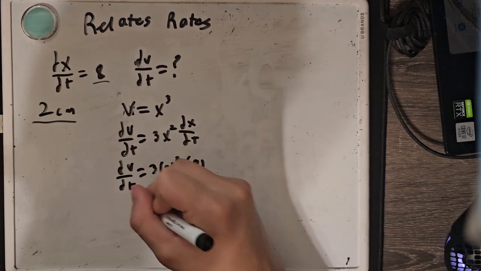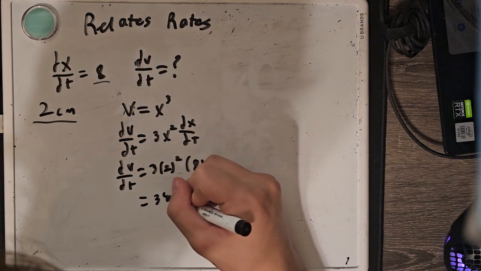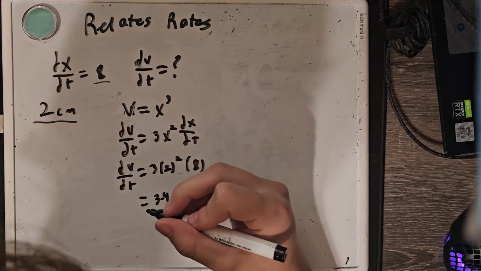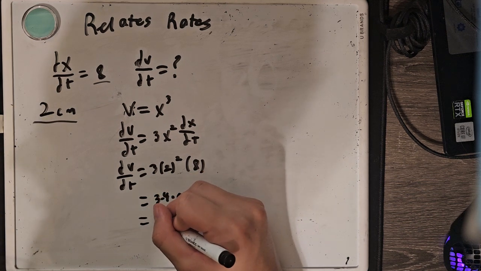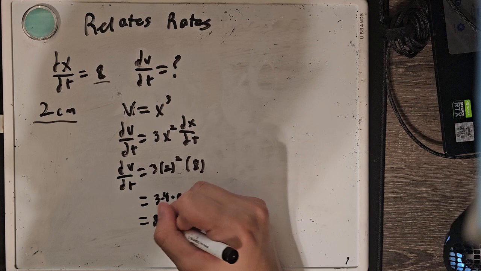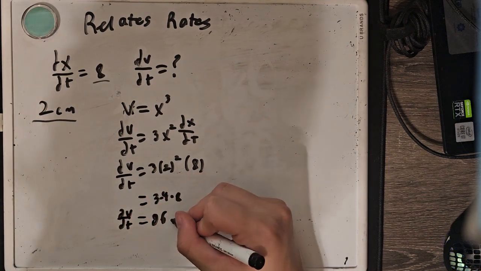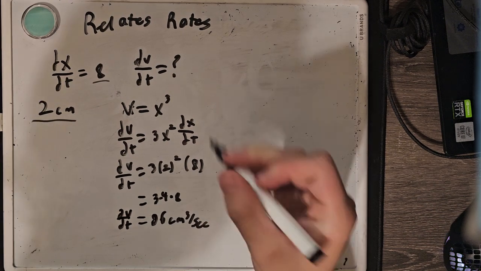That is 3 times 4 times 8, so 12 times 8, which is 96. So dV/dt equals 96, and our units are centimeters cubed per second.